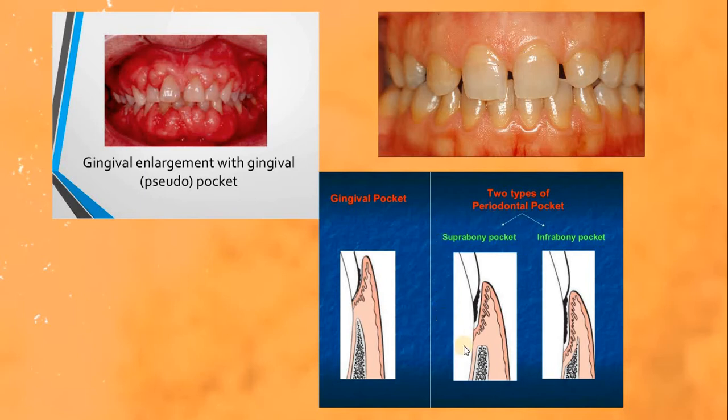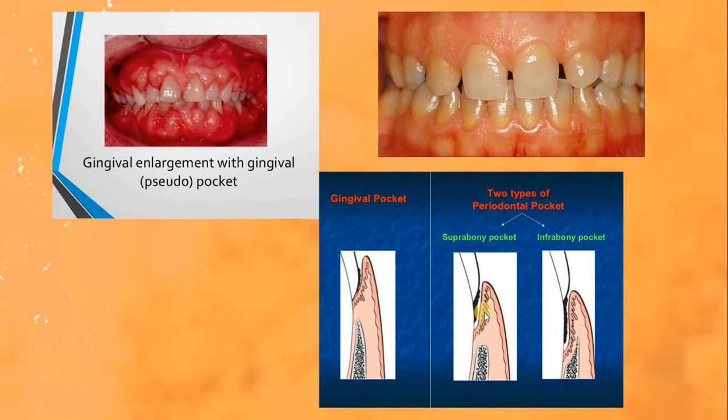In a suprabony pocket, we have bone loss, but the base of the pocket is higher than the bone loss area. So it is above the bony defect. This is the bony defect, this is the bone loss, and here the base of the pocket is above the bone loss. So it is a suprabony pocket or suprabony defect.